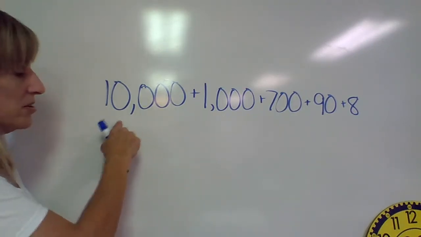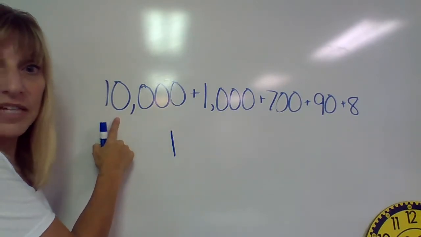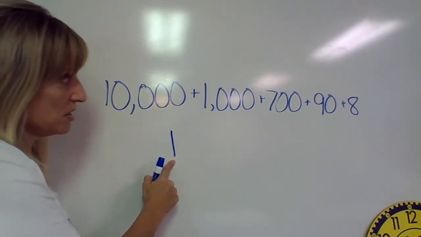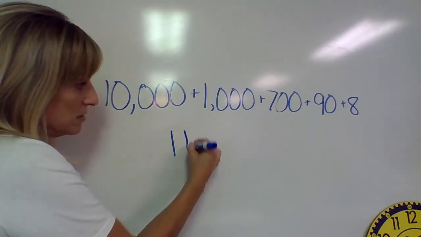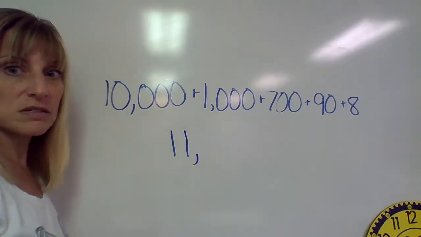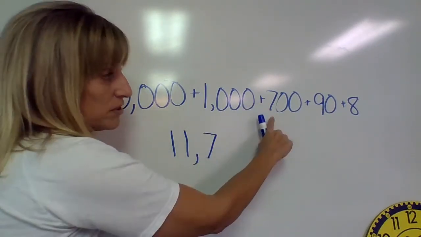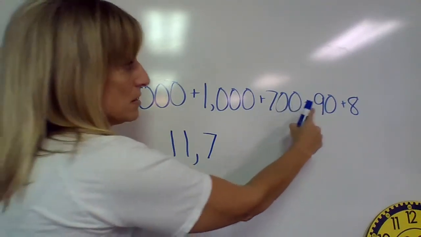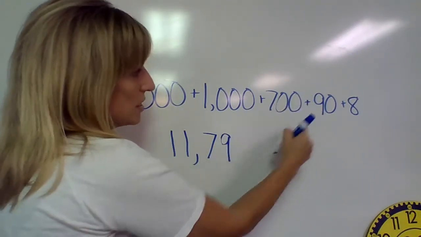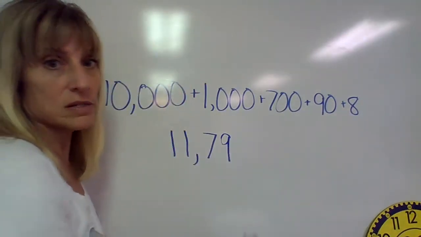We're going to start here. I have 10,000. So there's my 10,000 and then a 1,000. So that becomes 11,000. And then I have a 700, and then I have a 90, and then I have 8 ones.